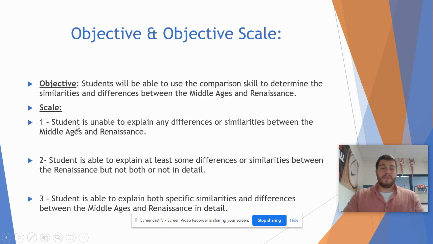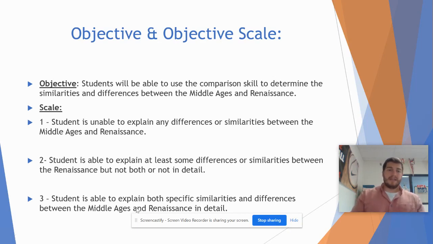If you're at a 1, you're unable to explain any differences or similarities between the two. If you're at a 2 in the middle, you're able to explain at least some differences or some similarities between the Renaissance and the Middle Ages, but not really both and not really in detail. And if you fully master it for the day, a 3, you are able to explain both specific similarities and differences between the Middle Ages and Renaissance in detail.